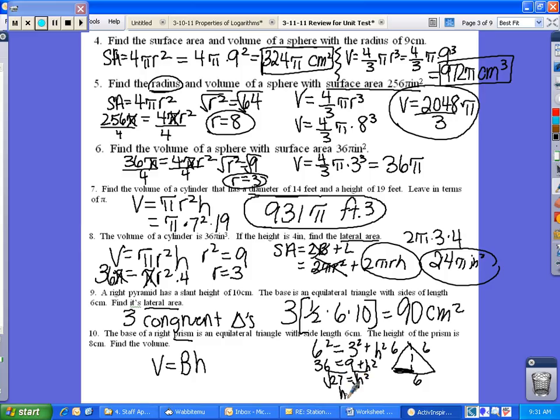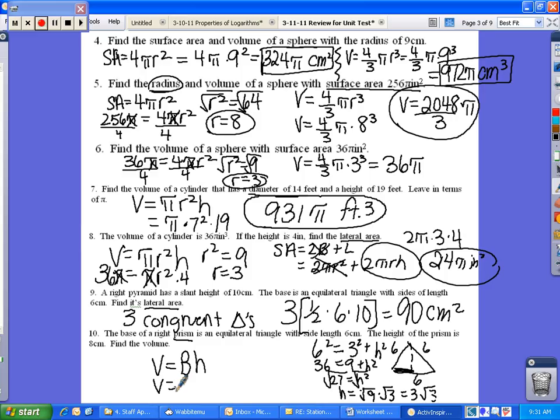Take the square root of both sides and your height equals root 27. Now, can I simplify root 27? You can, actually. Root 9 times root 3, the square root of 9 is 3, so 3 root 3 is the height. So that's the height of the base. So that means I'm going to substitute that in. The area of the base is the area of that triangle.